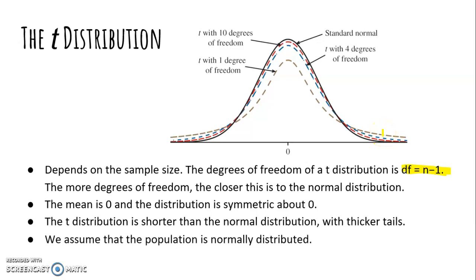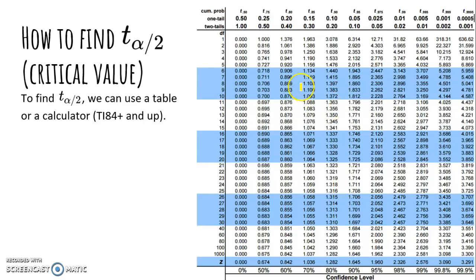And we assume for the t distribution that the population is normally distributed. And the meaning of t critical value is similar to the meaning of a z critical value. We just have to go about finding it a slightly different way. So one way is using a table, and the other way is using a calculator.